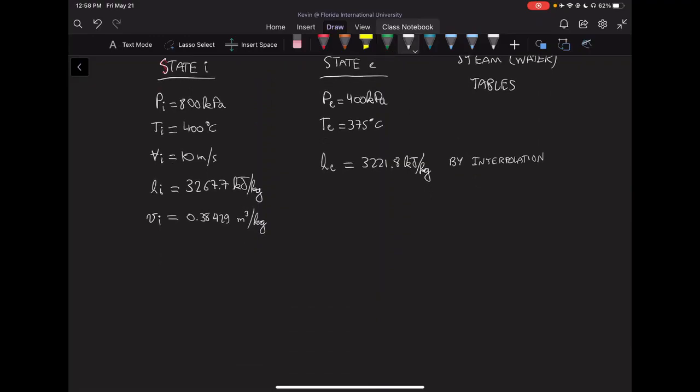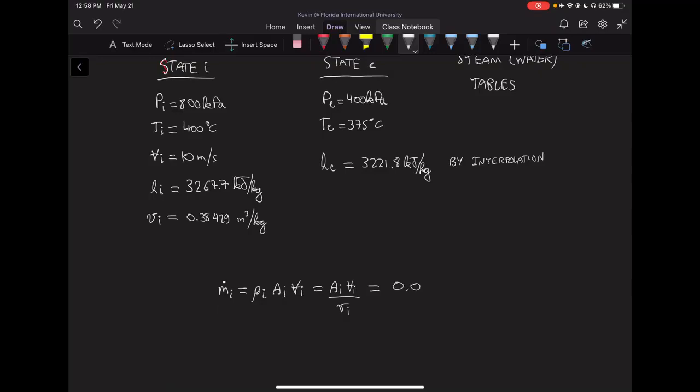Well, we know that M dot in is equal to M dot out. And we had said that our continuity equation says that M dot is equal to rho, and we'll look at the inlet. We know that the inlet is equal to the exit, so that's fine. But we can use the M dot for the inlet, and we know that it's equal to rho I times AI times VI. Or in thermodynamics, we prefer using AI times VI over the specific volume for I. And that's why we found the specific volume for I. Because we know the area of our inlet is 800 centimeters squared.